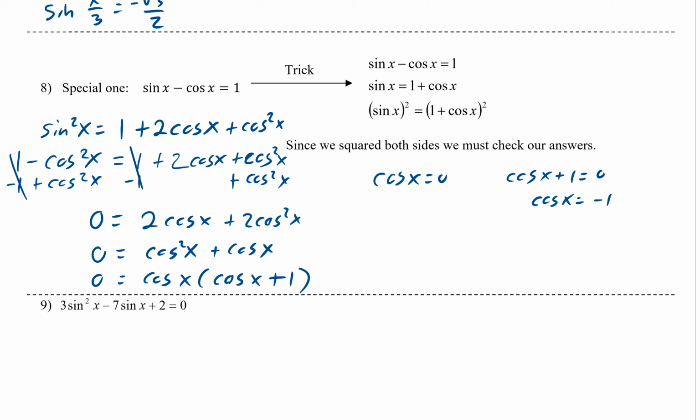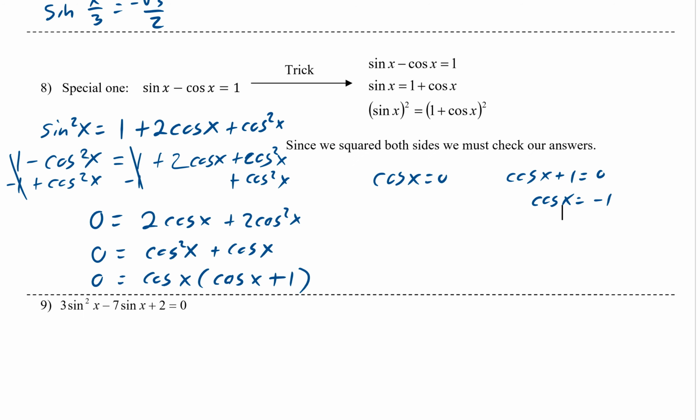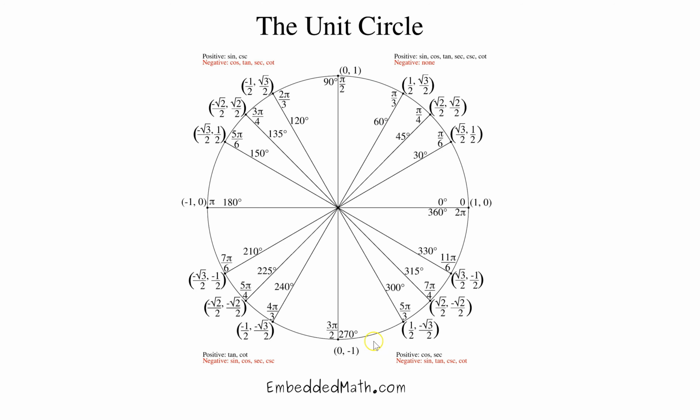If we look at our unit circle, cosine will be negative 1 at pi, and it will be 0 at pi over 2 and 3 pi over 2. So this one would be x equals pi, and this one equals pi over 2 and 3 pi over 2.